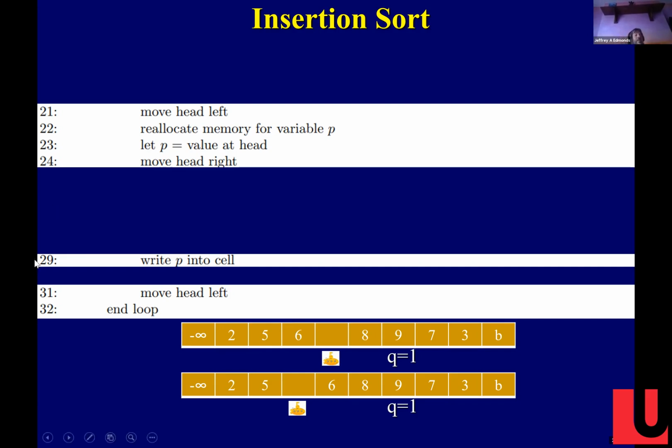I'm in line 29, and I remember that P equals 6, right? That's the name of my state. Does that make sense? Everybody write that down quickly. I'm going to have a state whose name is line equals 29, P equals 6. Does that make sense?